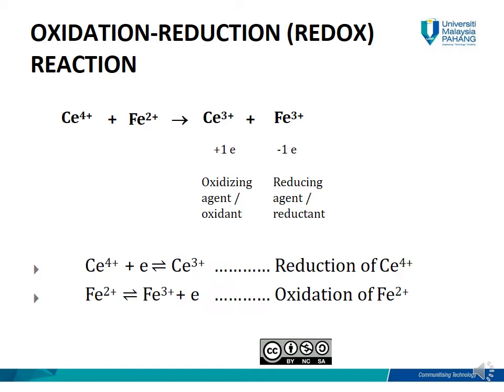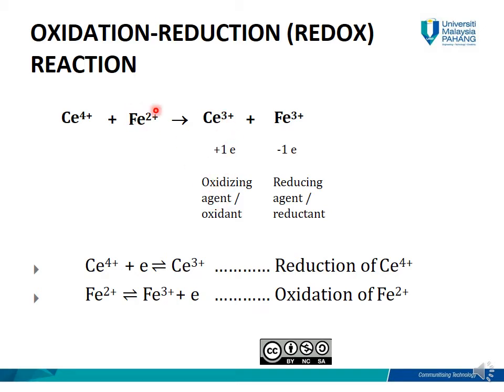So for this example, when you look at the overall reaction, what you can see is the cerium ion is accepting one electron, so it changes to cerium 3 plus. Here you can see that one electron was added. So in this case, the cerium is actually the oxidizing agent.